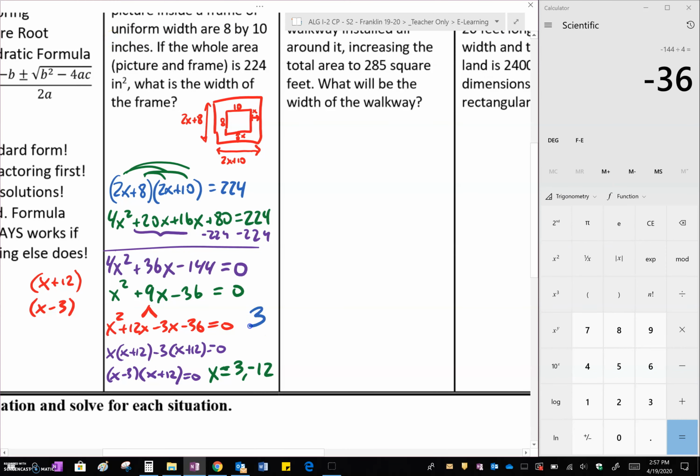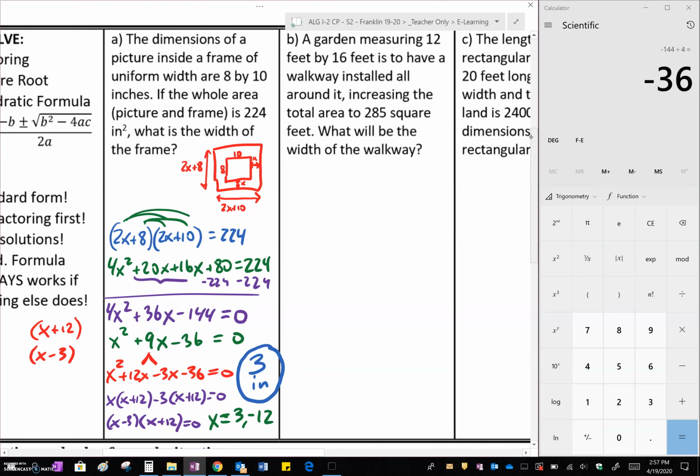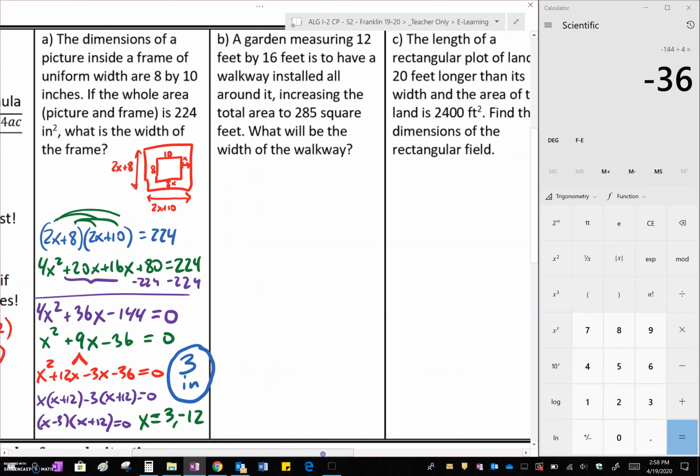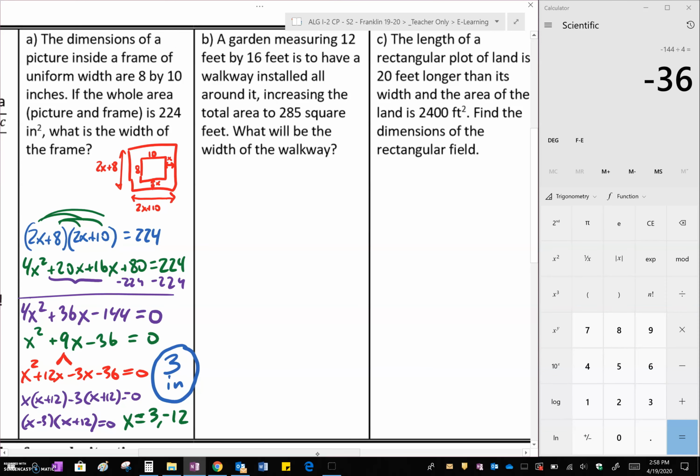So our answer here is 3 inches. Right, x equals 3 inches. So 3 is the width of our picture frame, which gives us an entire area of 224 here. Okay, so we've done that problem before, I think maybe we factored it or we used geometry, something, but you can use the quadratic method here.